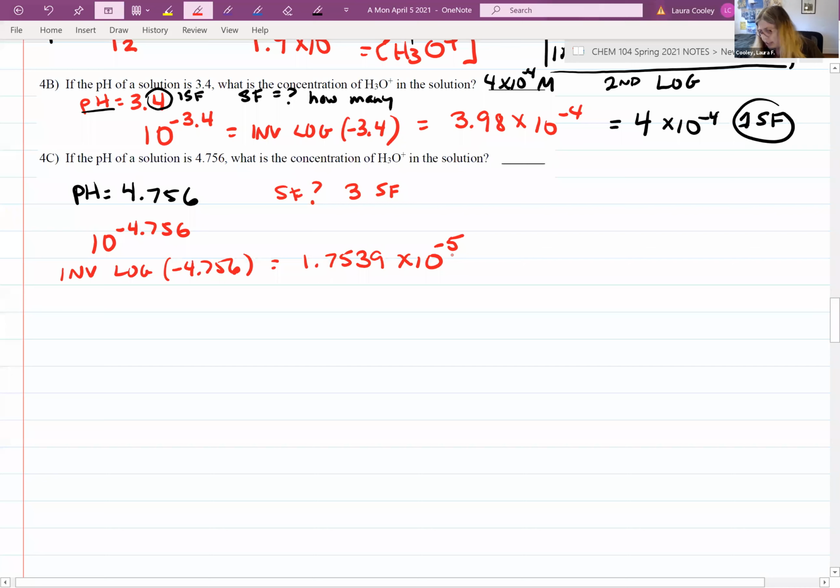Now the question is, how many sig figs do you keep here? You keep 3, 1, 2, 3 after the decimal point. So you keep 3 here total.